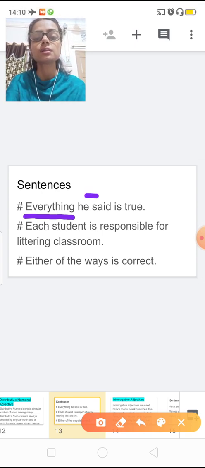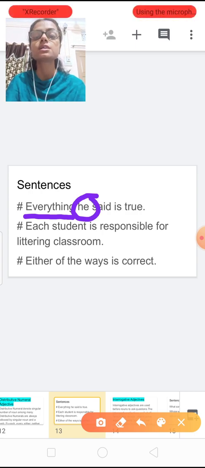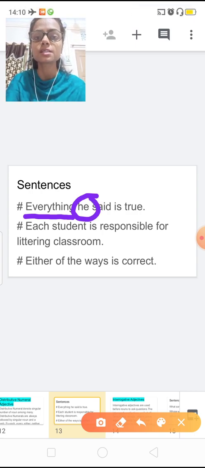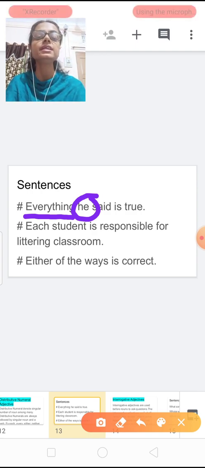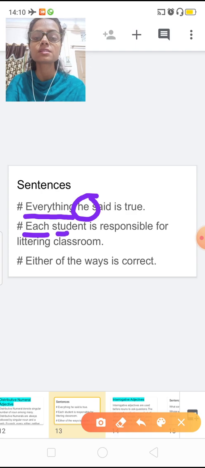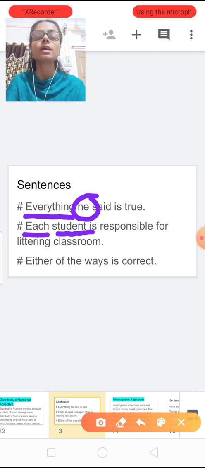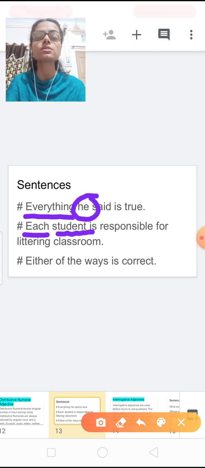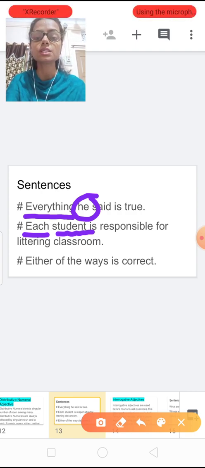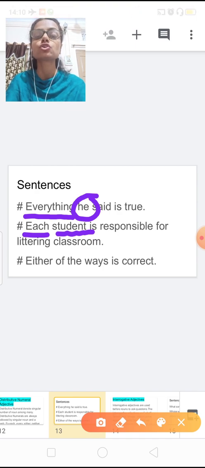Now see, distributive adjective followed by singular noun, he, single person. Each student is responsible for littering the classroom. So each is the distributive adjective, student, singular person.